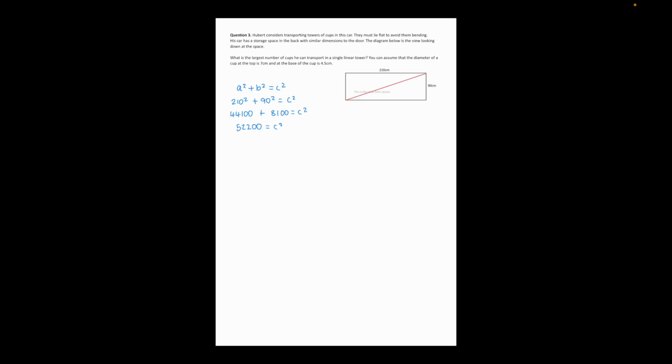And then I need to square root that. And that means that I've got 228.47 for my diagonal. So it's 228, let's round it to 5, and I can talk about the rounding that I've done.